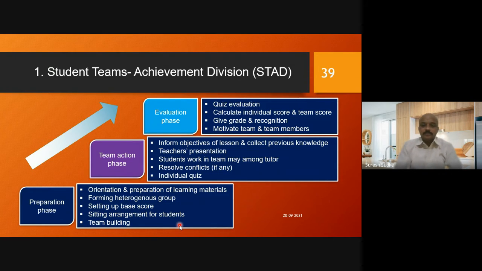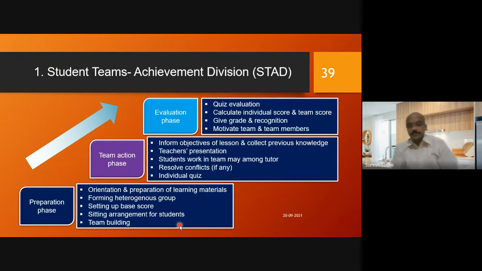Then the sitting arrangement for the students in the class is made, and the teams are built. So in the preparation phase, there is preparation of the material, formation of heterogeneous groups, setting of the base score, and then the sitting arrangement in the class. This is called team building.